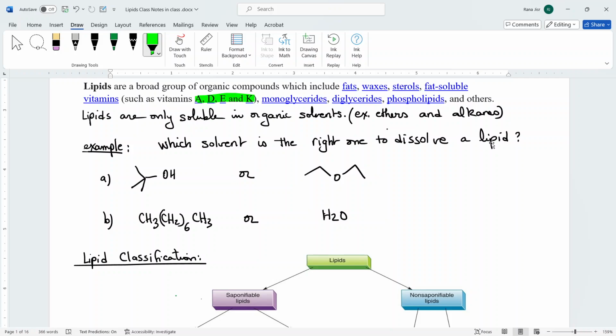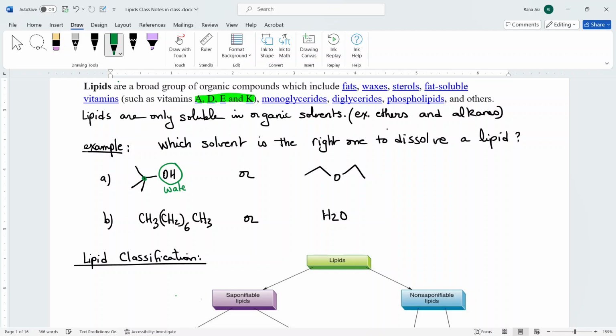So for the first one, I do have a tertiary butyl alcohol in there. So that is my alcohol. As long as I have an alcohol, this is 4 carbons in there, this is water soluble.